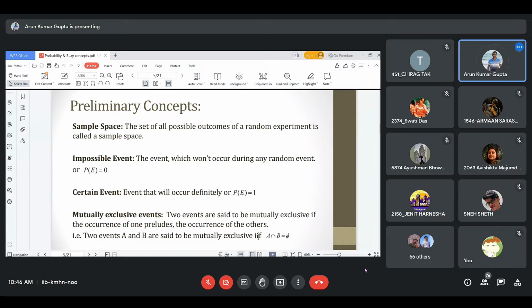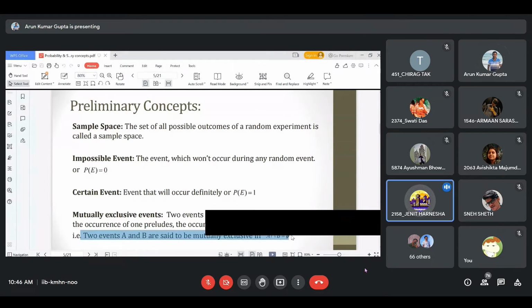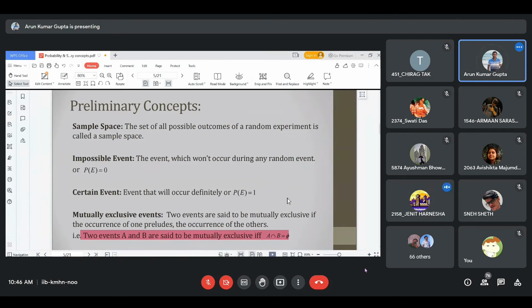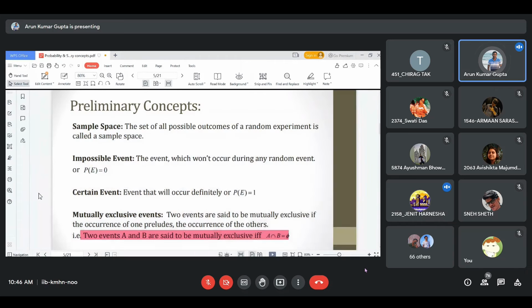Remember this: when A and B are mutually exclusive, the intersection will be phi or empty. Reverse, if the intersection is empty, then A and B are mutually exclusive.